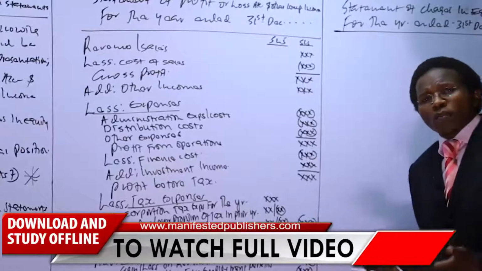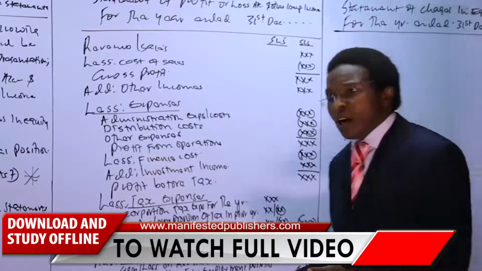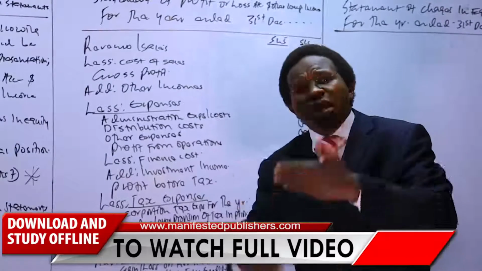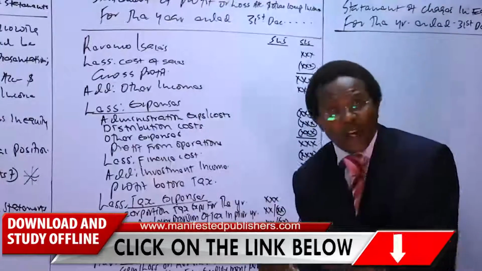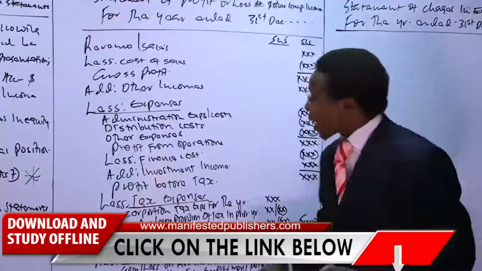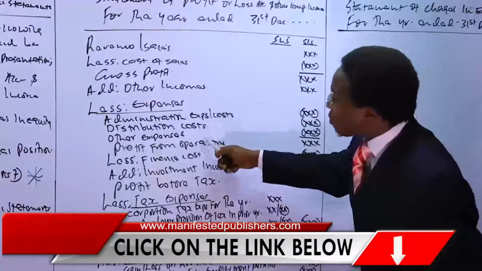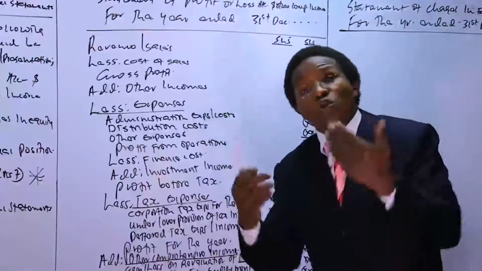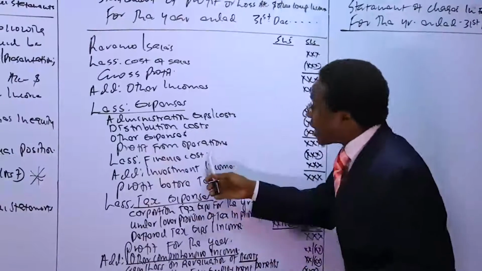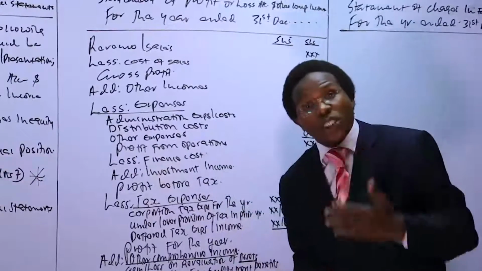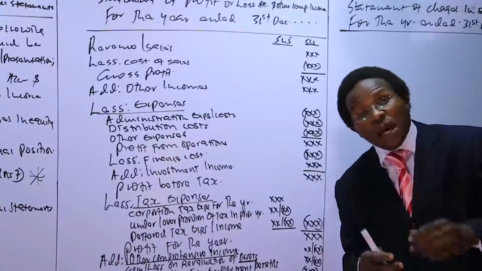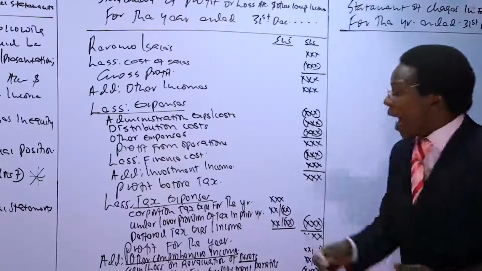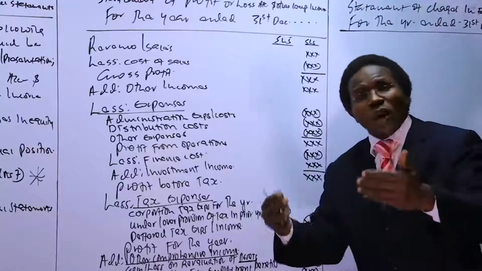Only that one of the unique areas we are going to see is that for an individual company, you will be given some other adjustments, either to increase the cost of sales or to reduce the cost of sales, either to increase admin or distribution or other expenses or to reduce them, either to identify the finance cost, increase it or reduce it and recognize it there, either to identify the investment income by increasing or reducing and recognize it there. That's what we are going to do.